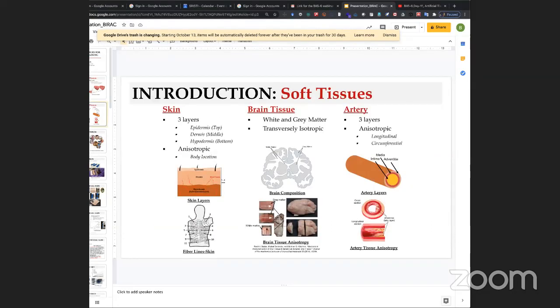Thank you. So just a quick introduction on some of these major soft tissues on the human body. The most common is the human skin, which covers a majority of the human body. It has three layers, namely the epidermis, dermis, and hypodermis. Epidermis being the top layer, dermis being the layer in which the blood vessels come in. So if you cut your fingers, you are looking at the dermis.